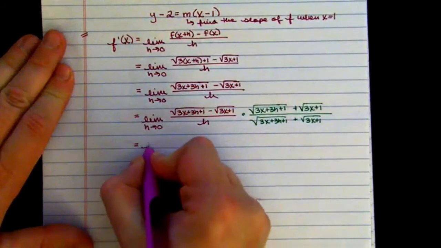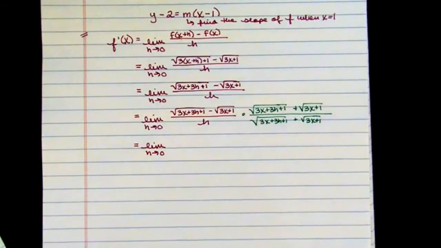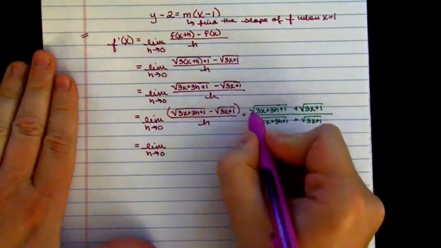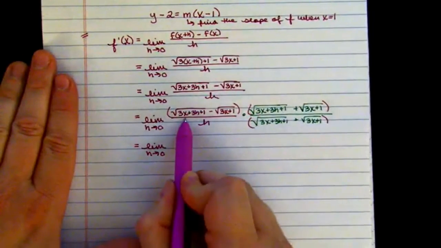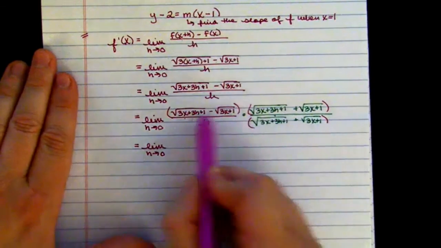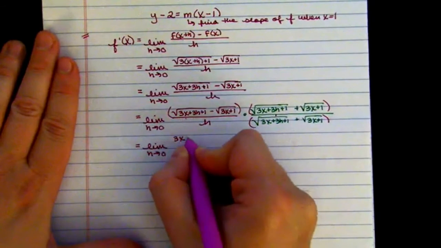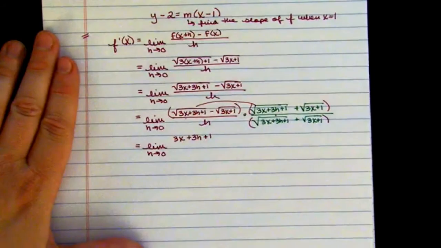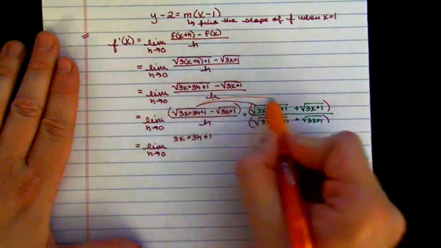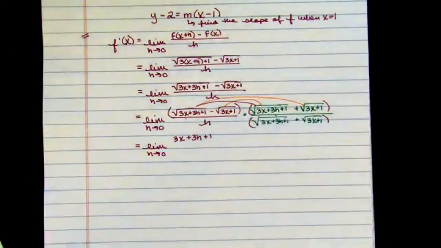So I'm going to get the limit as h approaches 0. When I multiply this root by this root, it's the same thing. The roots kind of cancel. It's like I'm squaring a square root, and I'm going to get 3x plus 3h plus 1. I'm going to cheat a little bit, because when I do this times this, and this times this, the two middle pieces are going to cancel.